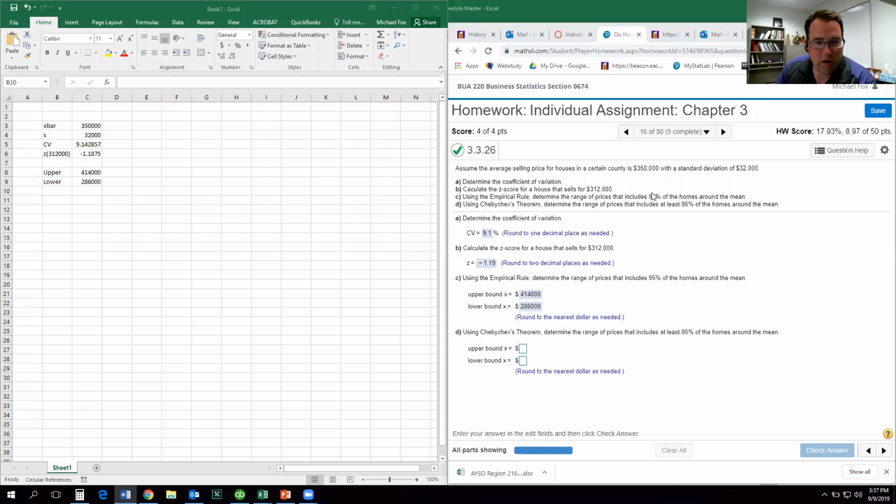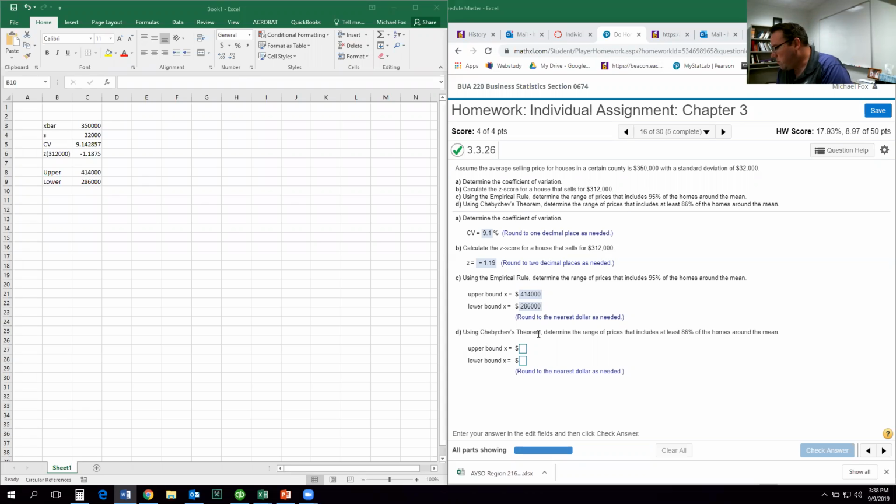So part 4, using Chebyshev's Theorem, or part D, I guess, determine the range of prices that includes at least 86% of the homes around the mean. This one's tougher because it doesn't give us, like Chebyshev's Theorem, kind of like the empirical rule where we broke it down to 68%, 95%, and 99.7%.